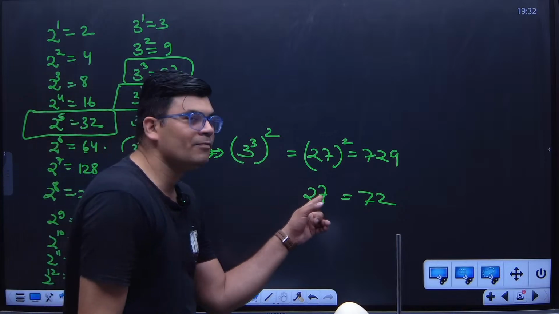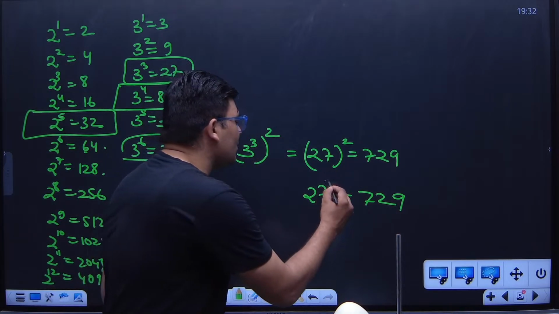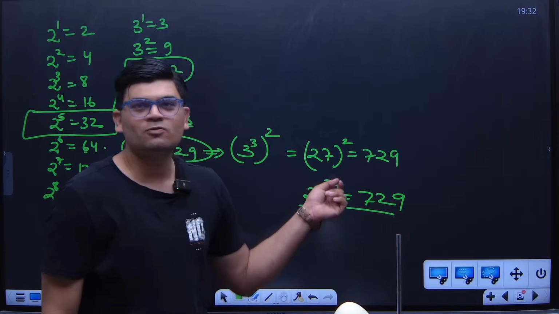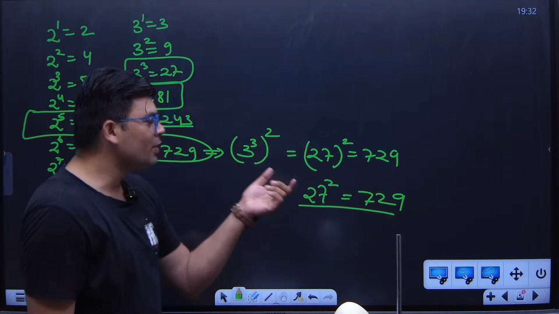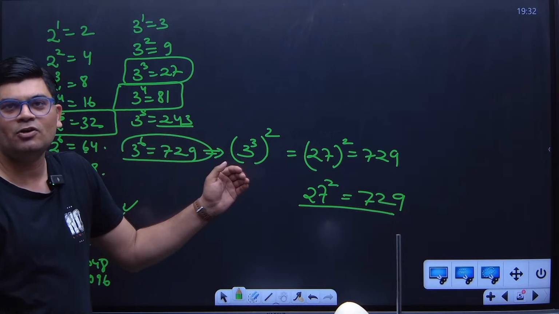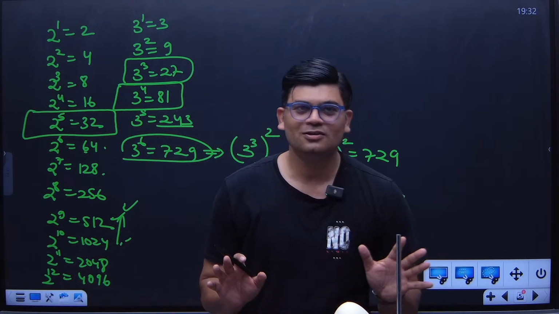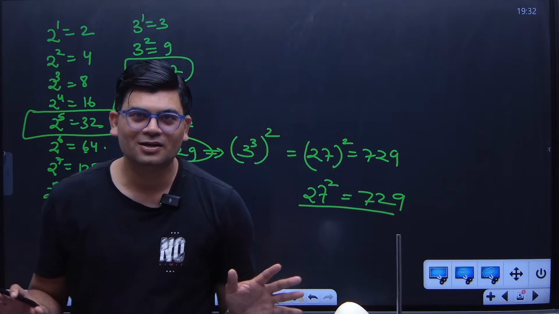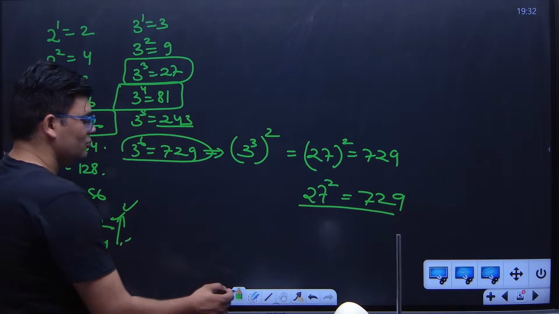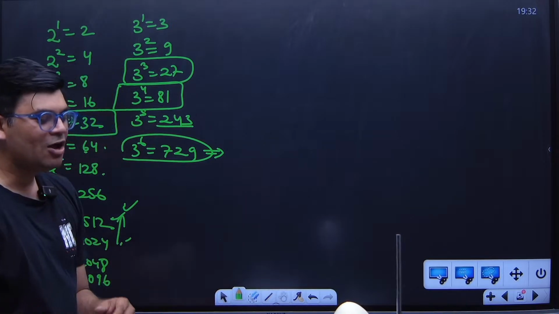And the square of a number ending with 7 will end with 9. So you can remember that way as well. 27 square is 729. Understood? Remembered? We will have one practice as well after this.